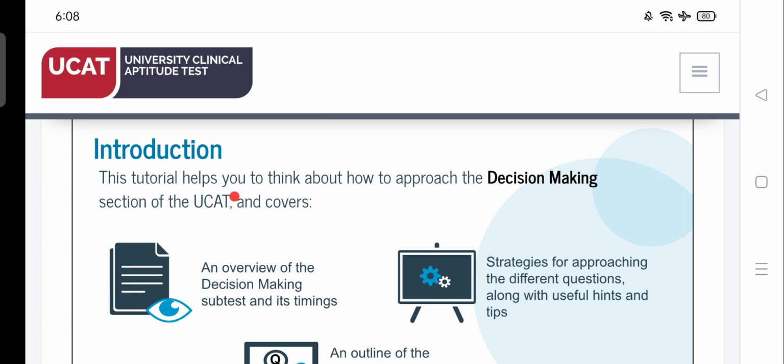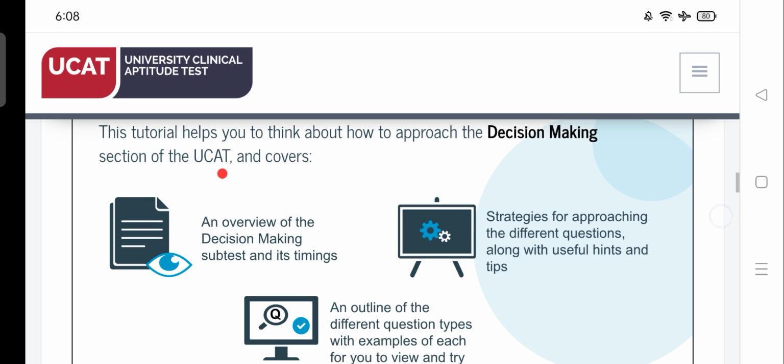This tutorial helps you to think about how to approach the decision making section of the UCAT. And it covers the following points. First, an overview of the decision-making subtest and its timing.